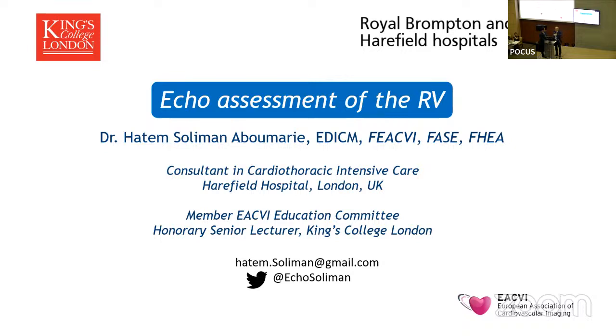One is the inflow and another one is the outflow. And they are very different in terms of angles. This is why, for example, GLS, which is global longitudinal strain, can be sort of a solution to look at the right ventricular function, but this is again beyond our level. So I think that it's quite important to understand all these limitations and what to see and how to measure for the right ventricle and the pulmonary pressure.